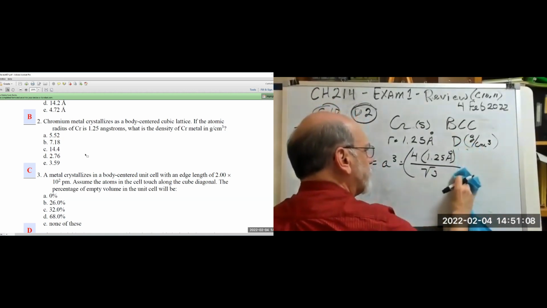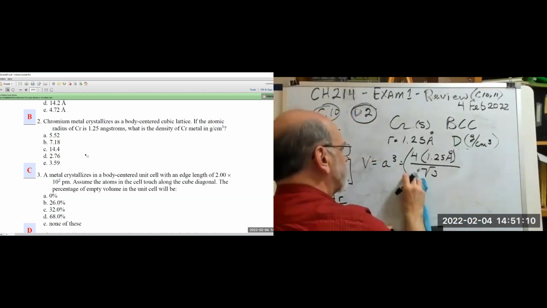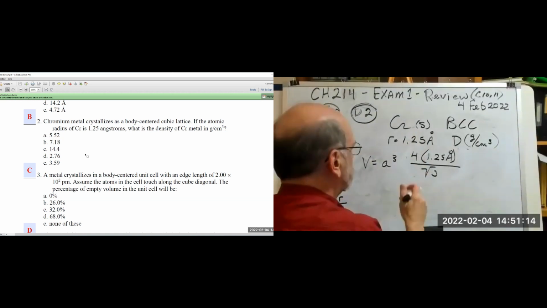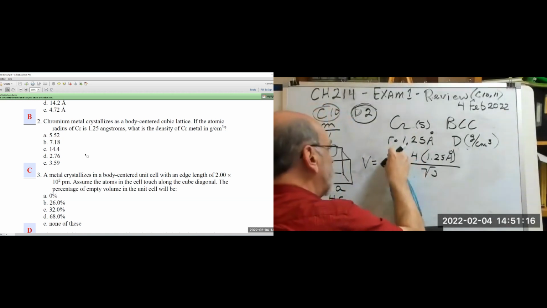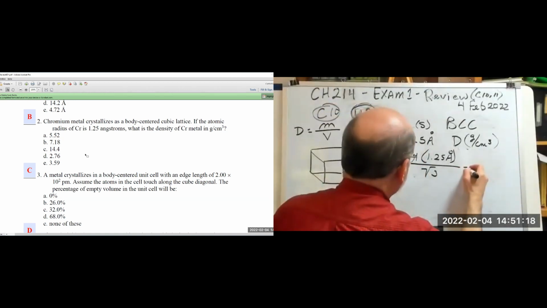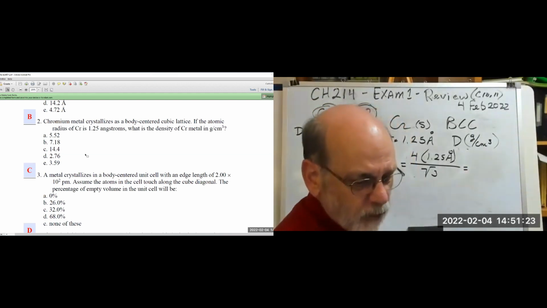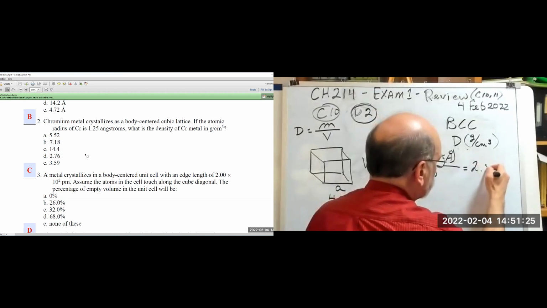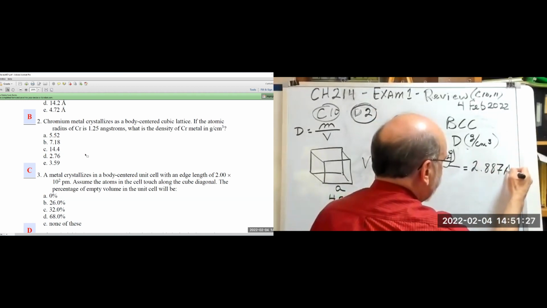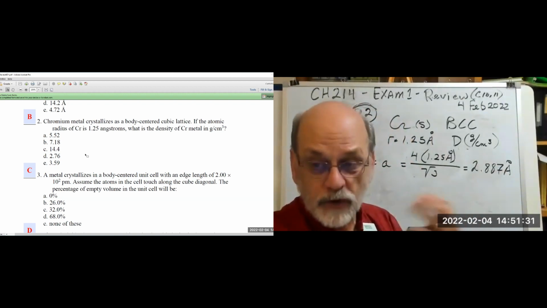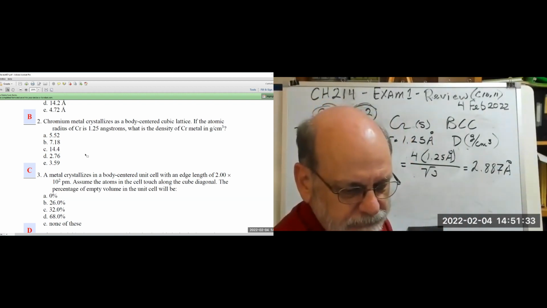Let's do it that way. Okay, so that's going to be 2.887 angstroms. And then we'll convert angstroms to centimeters, and then we'll cube it.